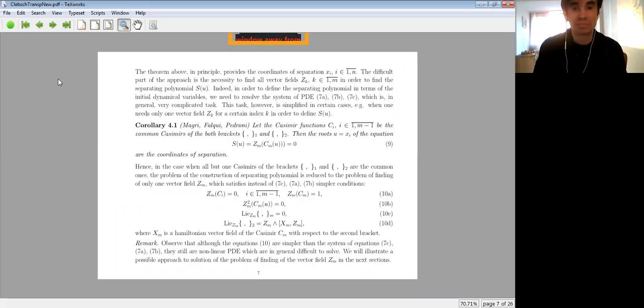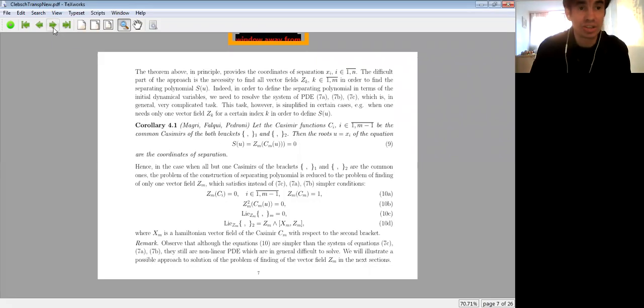So one problem of this method I already indicated: it is difficult to solve all these systems of nonlinear PDE in order to construct the polynomial separator. Another problem is that in general, the method provides only the coordinates xi and does not provide the conjugated momenta pi.